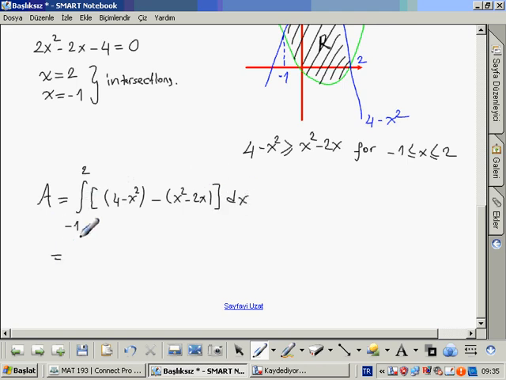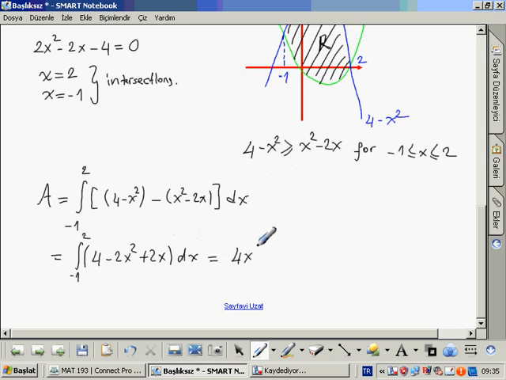After that, the integral from minus 1 to 2 of 4 minus 2x squared plus 2x dx. Now integrate this polynomial function.